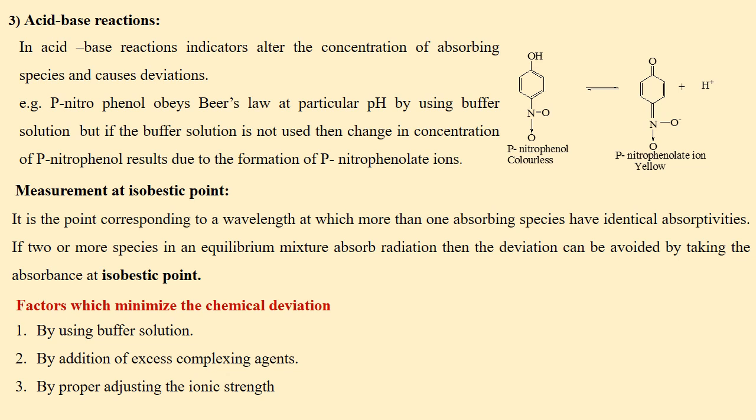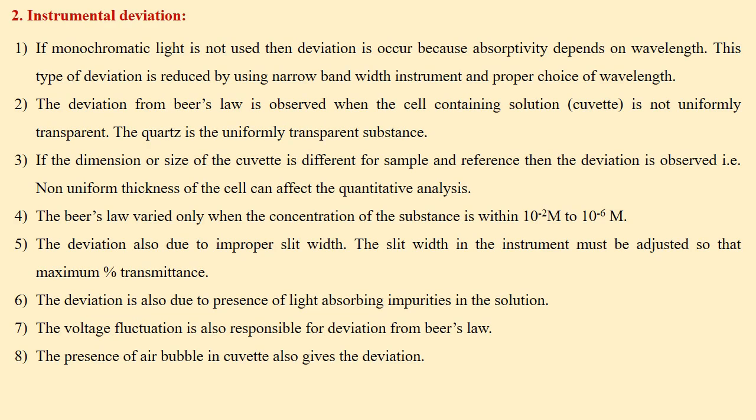One important point is the isosbestic point. Now what is the isosbestic point? It is a point corresponding to the wavelength at which more than one absorbing species have identical absorptivity. If two or more species in an equilibrium mixture absorb radiation, then the deviation can be avoided by taking the absorbance at the isosbestic point.